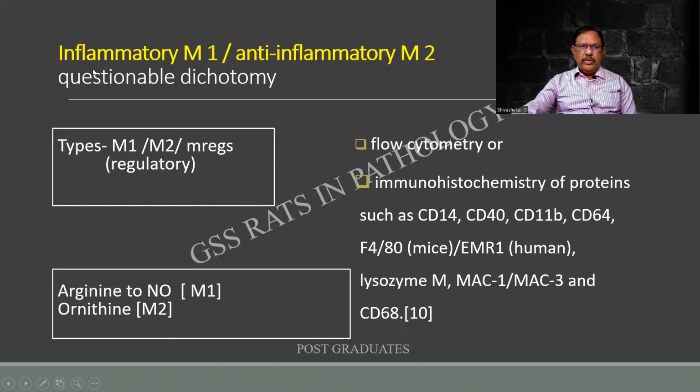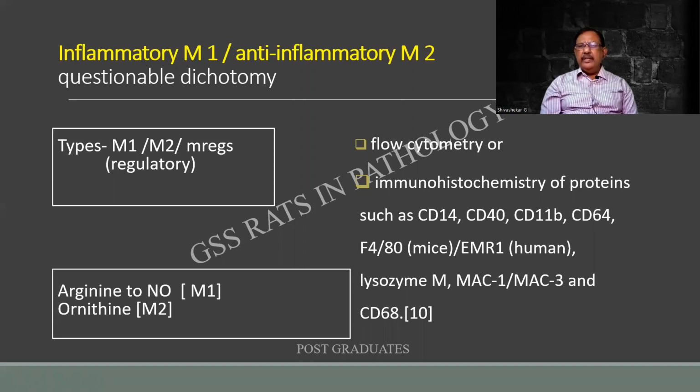Not much. So, as far as the macrophages are concerned, there are two types basically. One is the inflammatory, the other is anti-inflammatory. Inflammatory is M1, anti-inflammatory is M2. This dichotomy is supposed to be questionable.